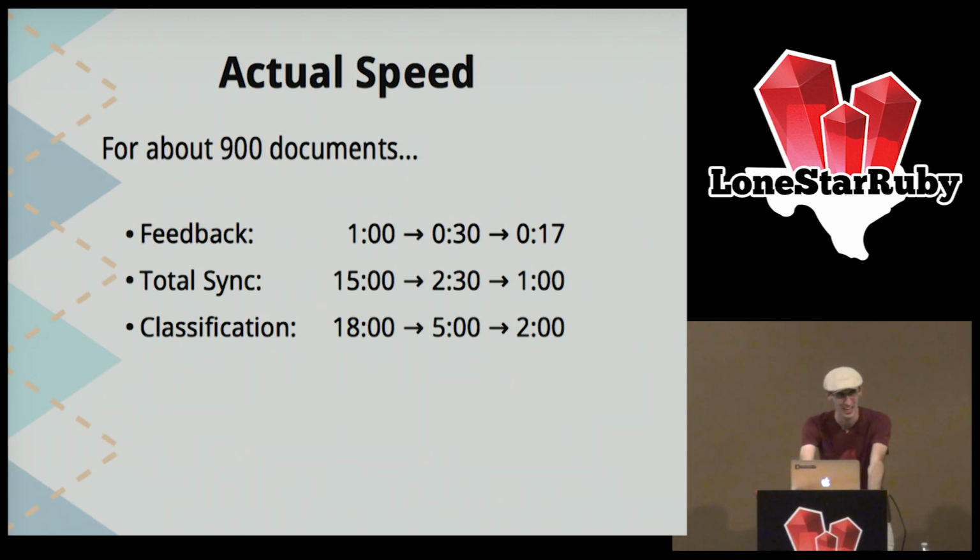17 seconds is still kind of long in looking-at-your-phone time, but it's important to remember when you're doing performance work that there's almost always something you can do to make your code faster, but you have to stop somewhere. So you have to make a determination of what is fast enough.